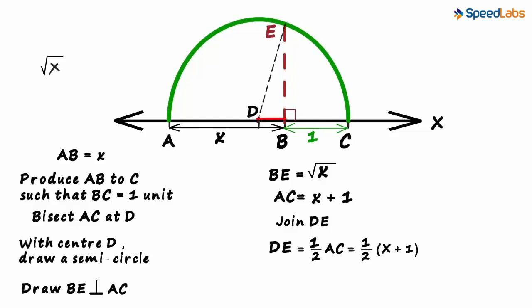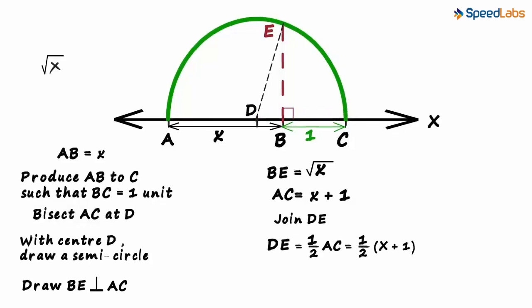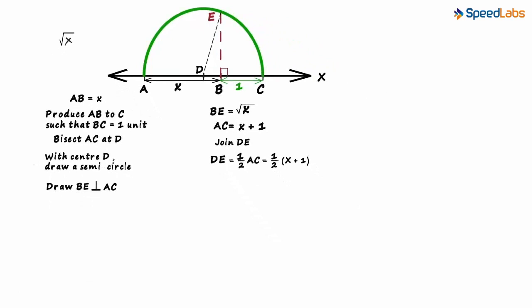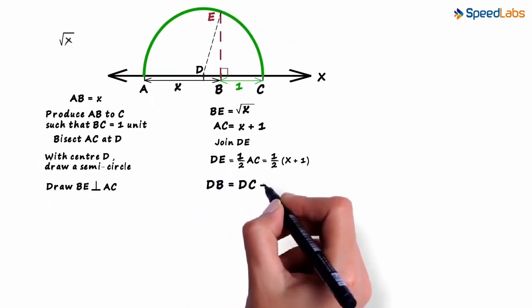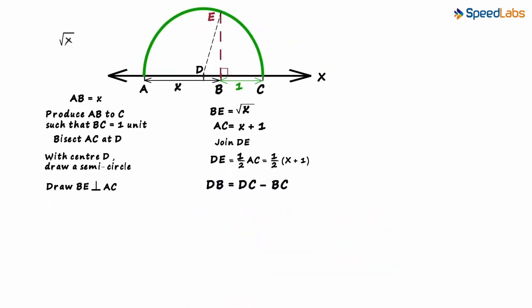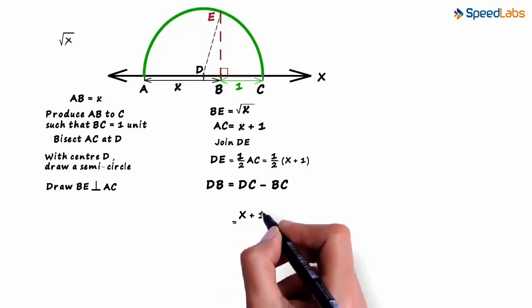The length of DB will be equal to this length, which is length of DC, minus this length, which is length of BC. The proof is a little long, so let's zoom out a bit. We can say that DB is equal to DC minus BC. We know that length of DC is equal to the length of DE, which equals x plus 1 by 2.